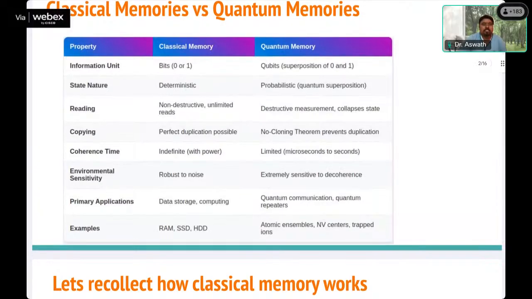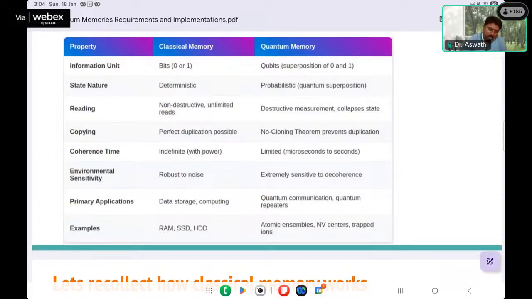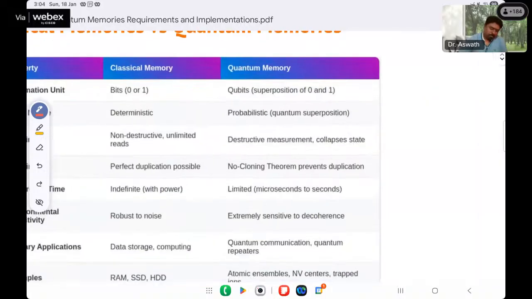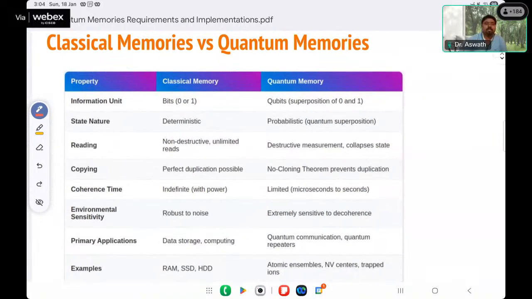You see here, first of all, what is classical memory from the perspective of information unit.